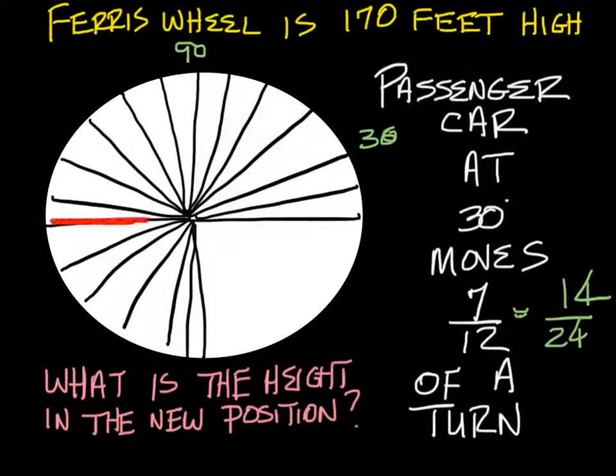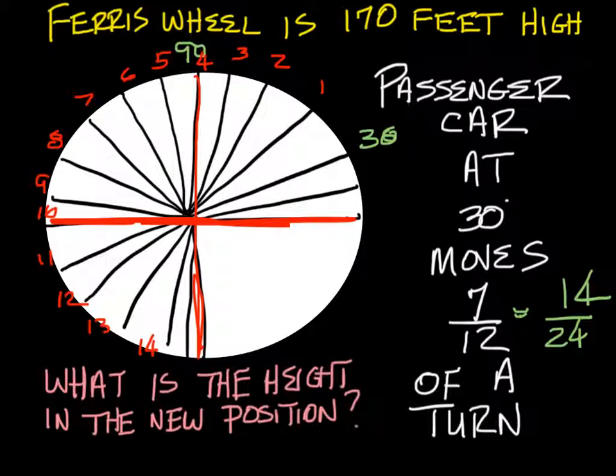Here are your axes, there, and down through to here. And if we need 7/12 of a turn, we could make that 14/24 and go 1, 2, 3, 4, 5, 6, 7, 8, 9, 10, 11, 12, 13, 14.